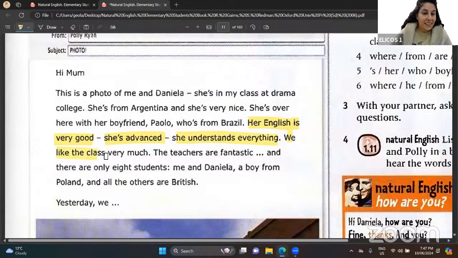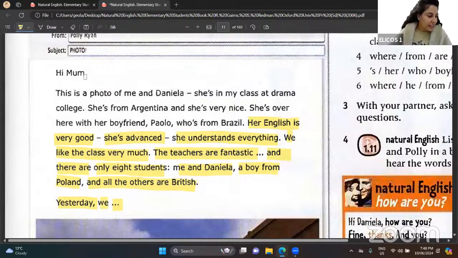We like the class very much. The teachers are fantastic. And there are only 8 students. Me and Daniela, a boy from Poland, and all the others are British. Yesterday, and then it continues.